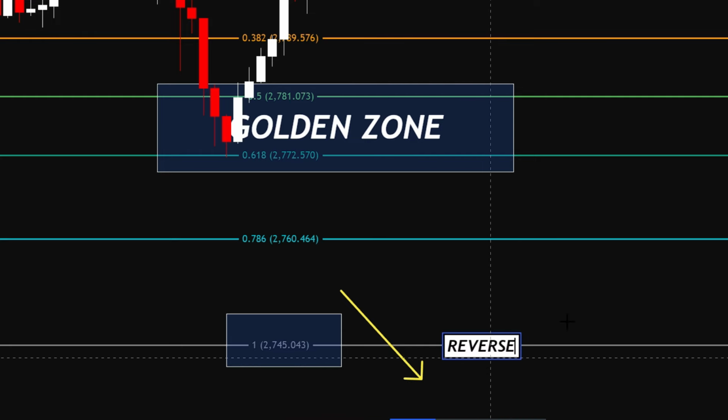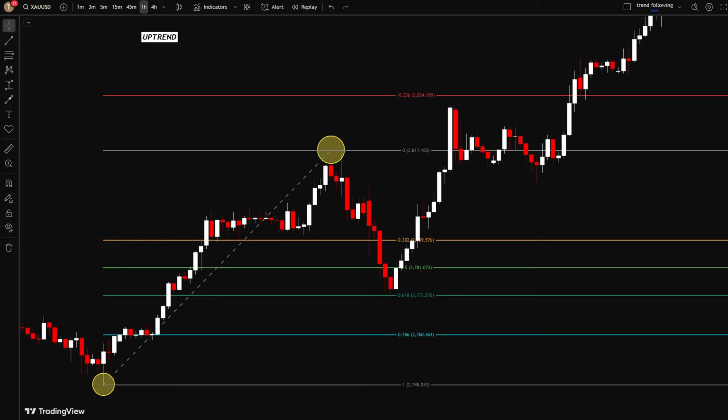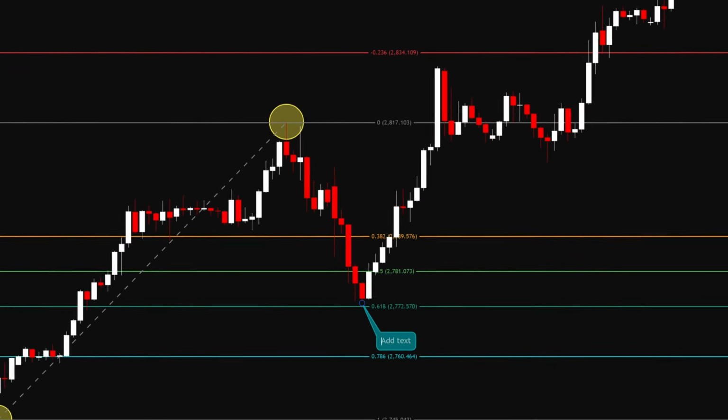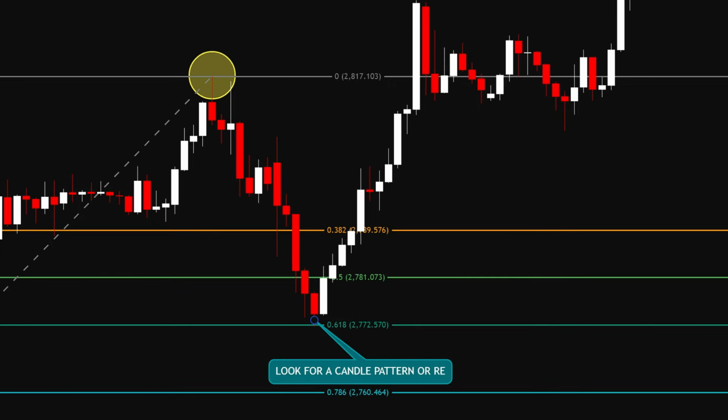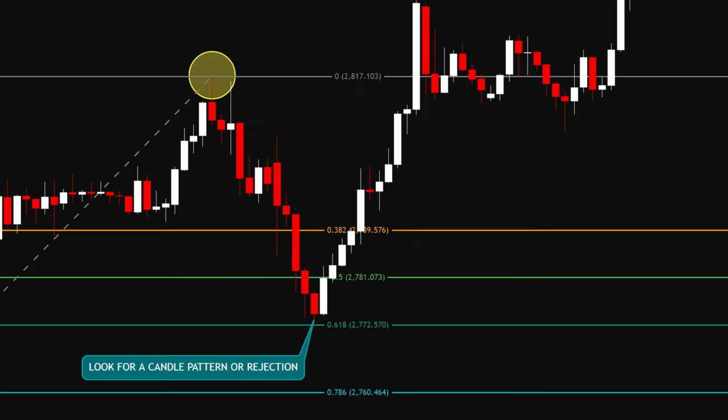And this is where most traders go wrong. They enter the second price hits a Fib level. Don't do that. Wait for confirmation, like a bullish engulfing candle, a rejection wick, or a small break of structure in your direction. Example, price hits this zone, prints a clean bullish engulfing, breaks structure upward. That's your entry signal.